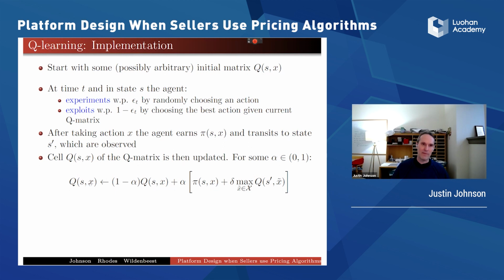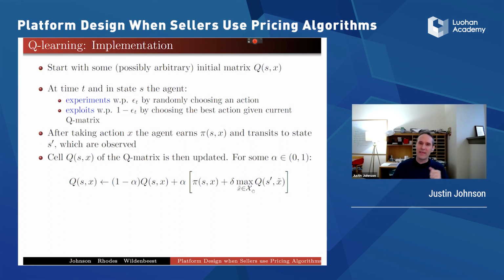And how am I going to update it? Well, the value on the left is the new value, the updated value. This is notation from computer science. And then on the right, basically all I do is I take a convex combination of two things. First of all, I put some weight on my old value. And then over here, the value I'm going to place is based on the payoff that I actually observed, because I actually got $5 today. So I say, oh, I got 5.